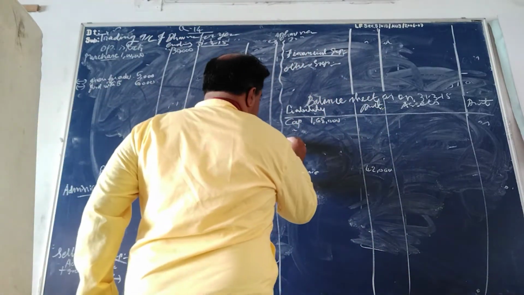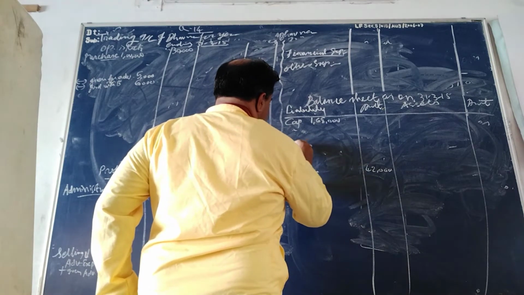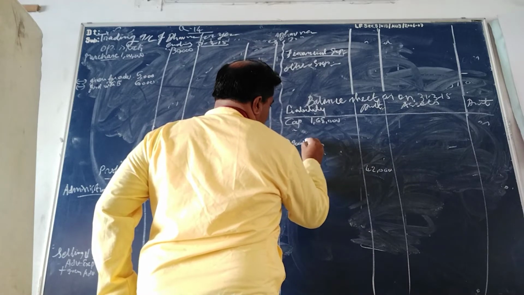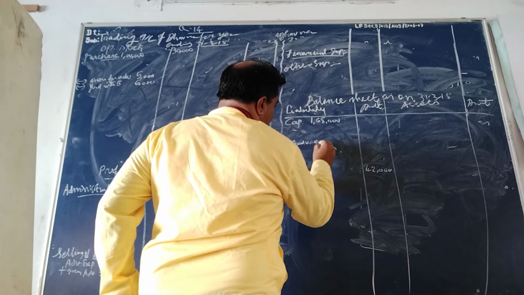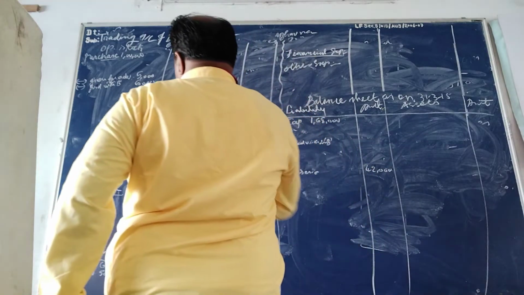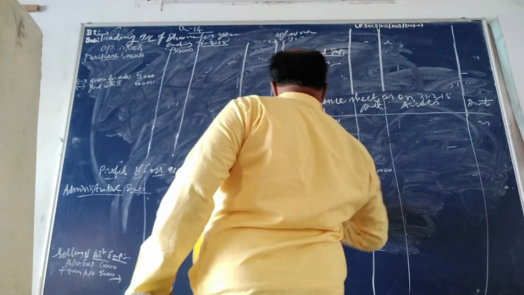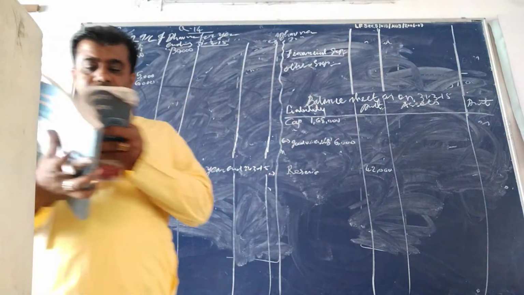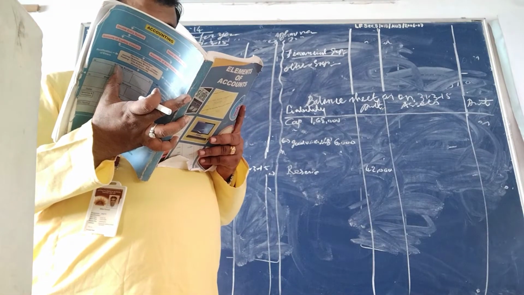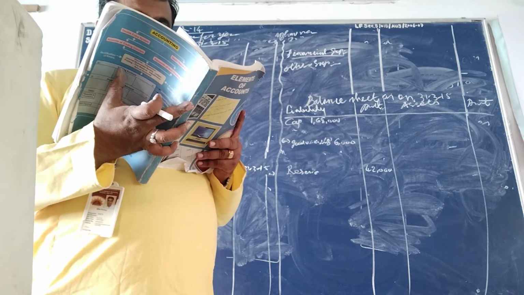Now, leaving some space, we write the drawing. Goods withdrawn by Bhavna. And how much is it? 6,000. Okay, student. Now, which is recorded in the sales book? Yes, we have recorded in the sales book.